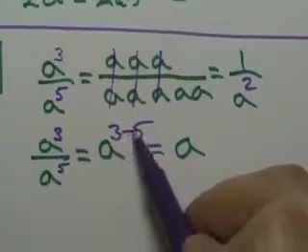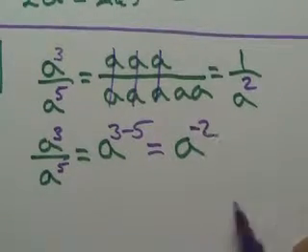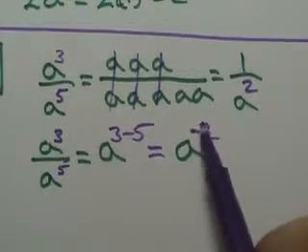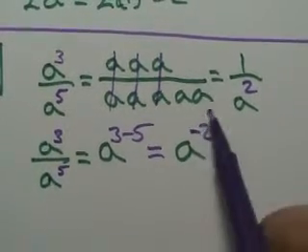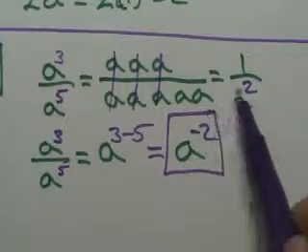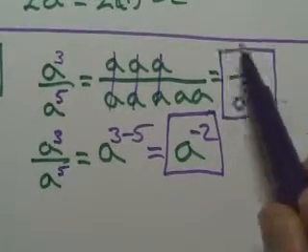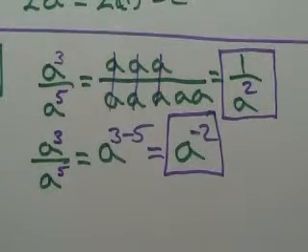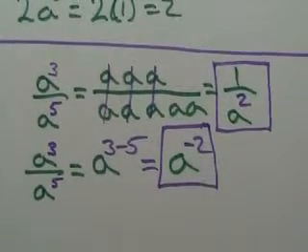Three minus 5 is negative 2. So wait a minute. We have this answer and then a different answer for the same problem. And now we're ending up with negative exponents.